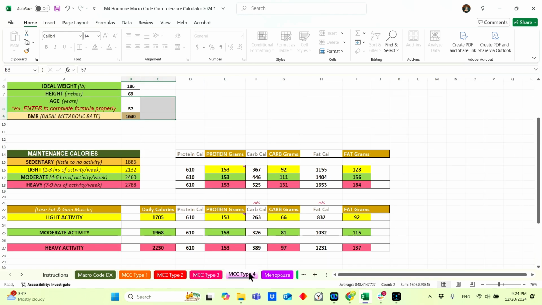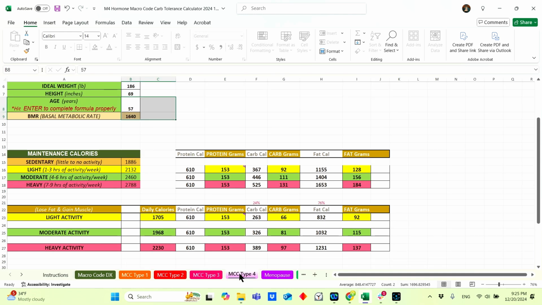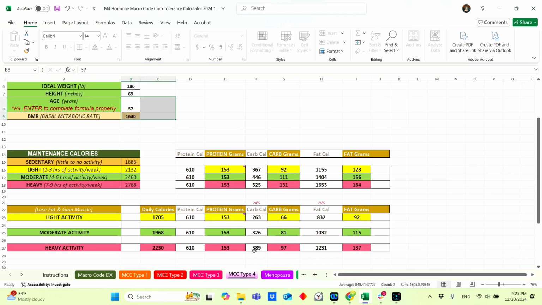And the fat grams is 115, and it's only 54 fat grams in type 1. So the daily calories are the same. The protein grams are the same. So you can see what the difference is. And that is how you use the calculator.